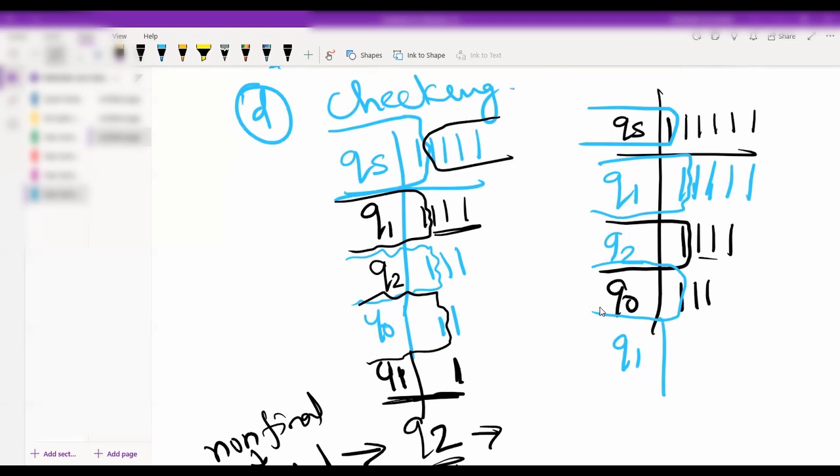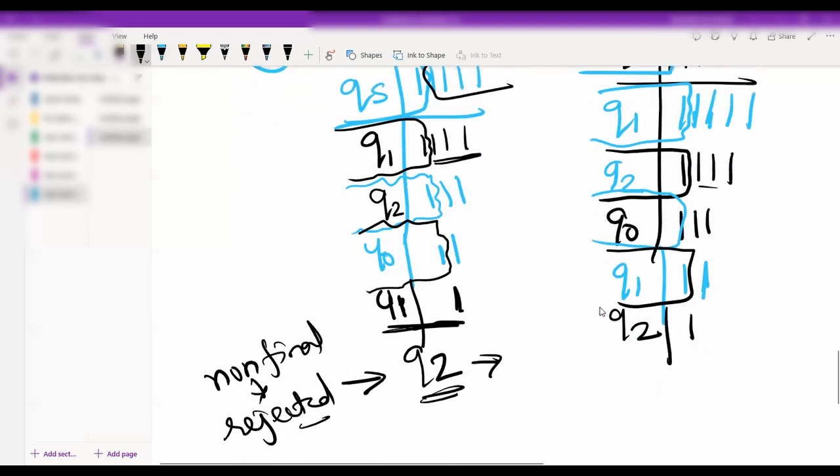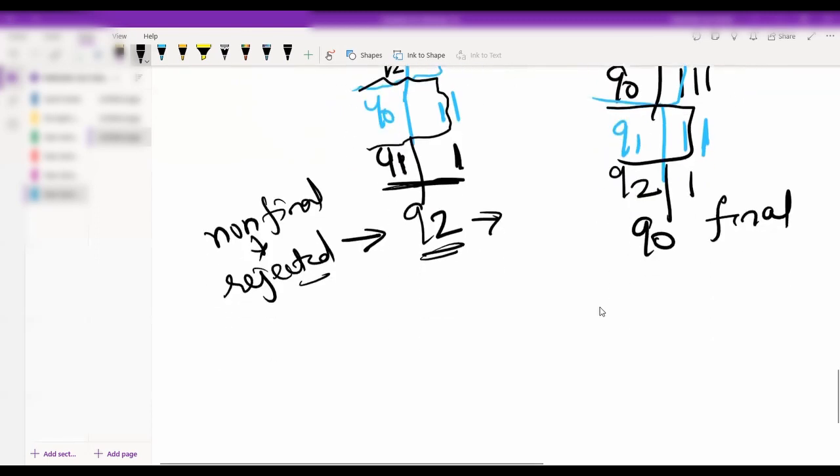Now we have the remaining 2 bits. Q1 on 1 goes to Q2, and then Q2 on 1 reaches Q0, which is our final state. So whenever we end our solution in the final state, that means your string is accepted by your DFA.